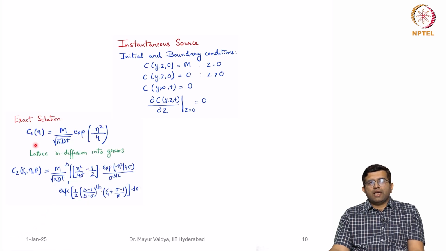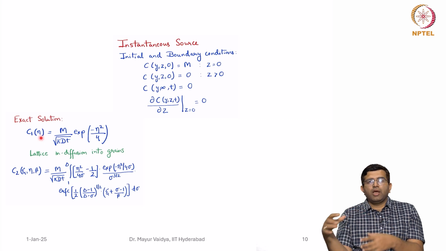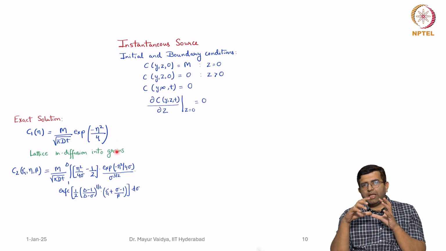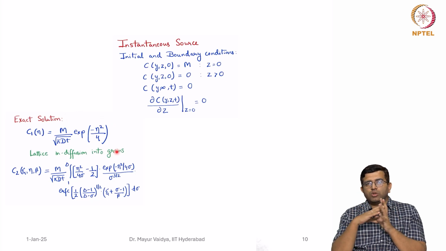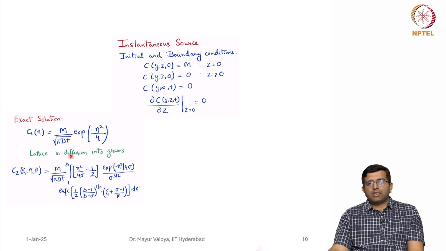So, in this case, for the exact solution again the CGB term was neglected, and C1, that is the direct diffusion part, is written as m by root pi Dt times exponential minus eta square by 4. This should also ring some bells of similarity to the Gaussian solution that we arrived at for the instantaneous source. It represents the lattice diffusion, the direct diffusion into grains.